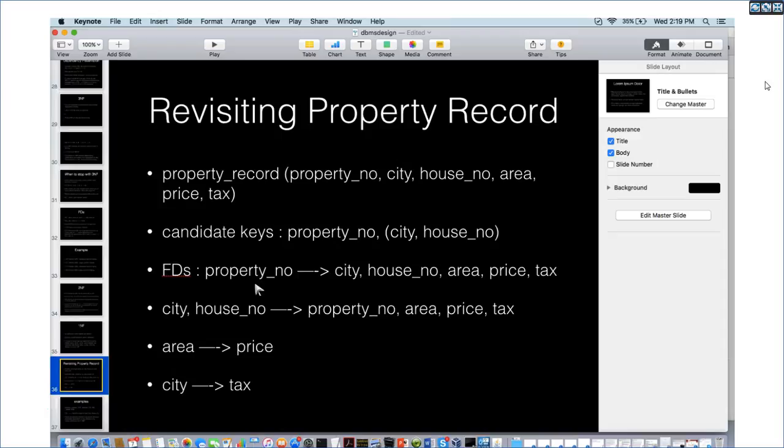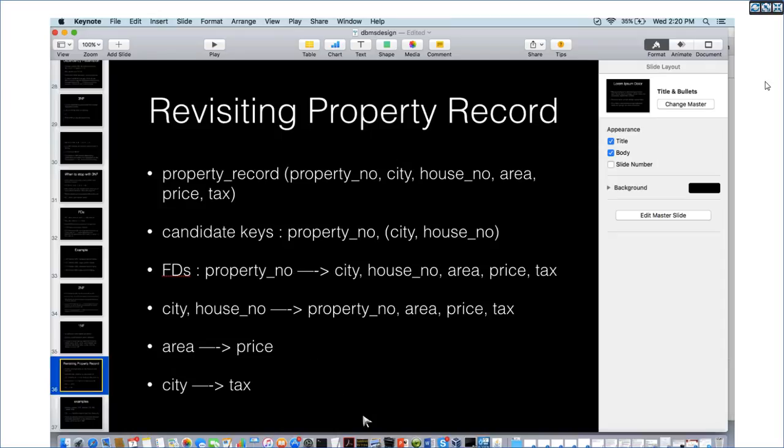So the left side is a super key. LHS is a super key here, which is also a key, right? Key plus something more is a super key. So obviously the left side is a key in this particular case, and hence it doesn't violate the third normal form. Does this violate BCNF? The BCNF requirement is that the left side has to be a super key.